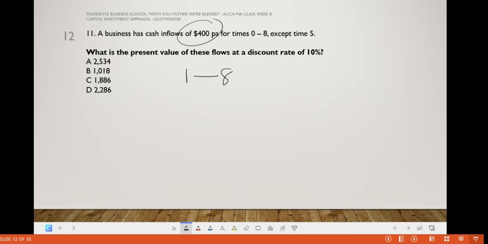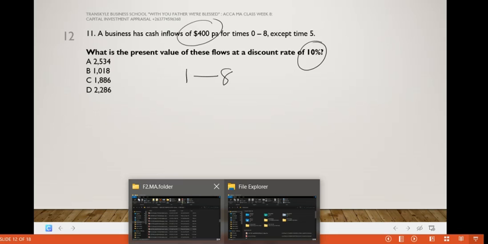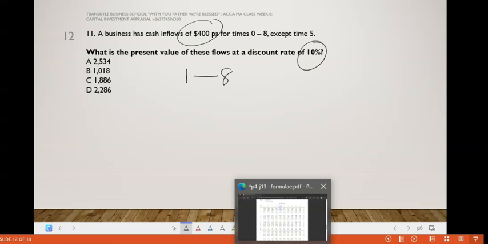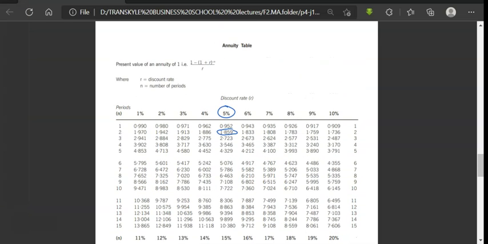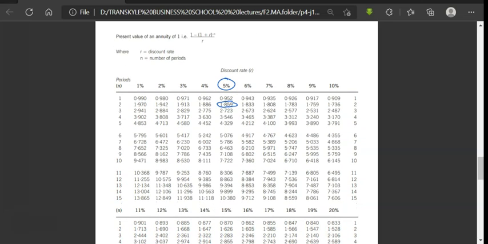So the 8-year annuity factor at 10%. If we go to our tables, annuity factor 10%, 8 years, we are looking at this figure, 5.335.